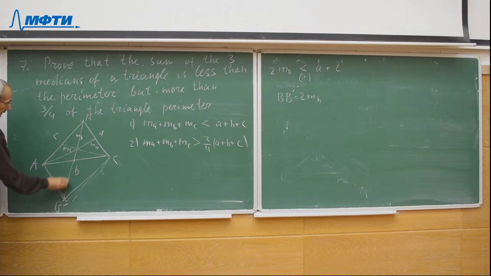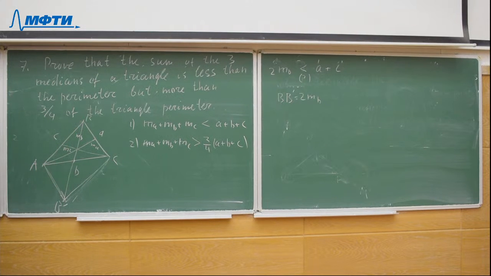But in the triangle ABB prime, the sum of lengths of sides AB and AB prime is greater than the length of BB prime. But the length of BB prime is twice the length of median MB.